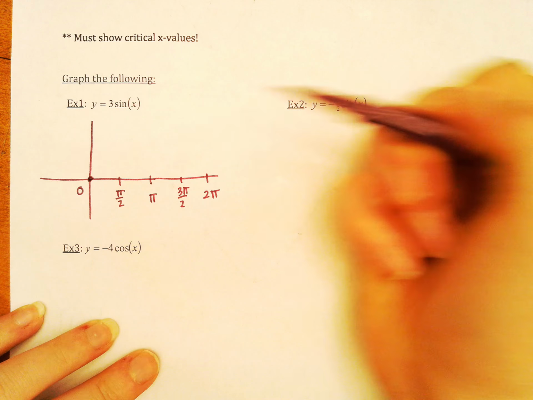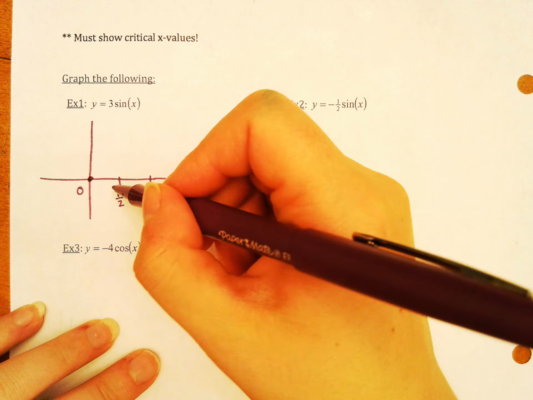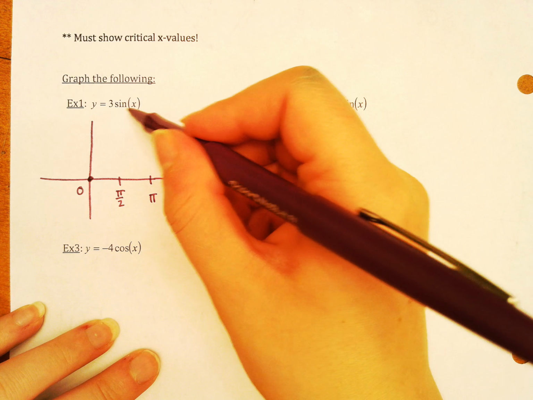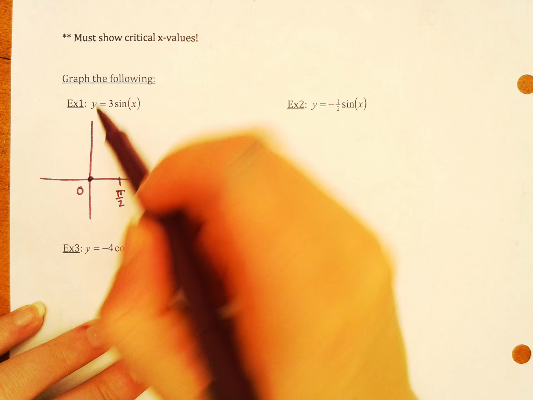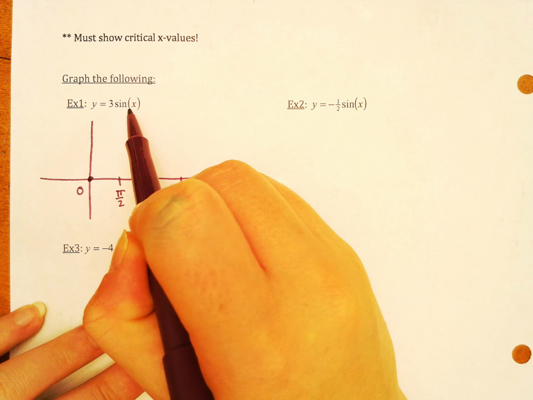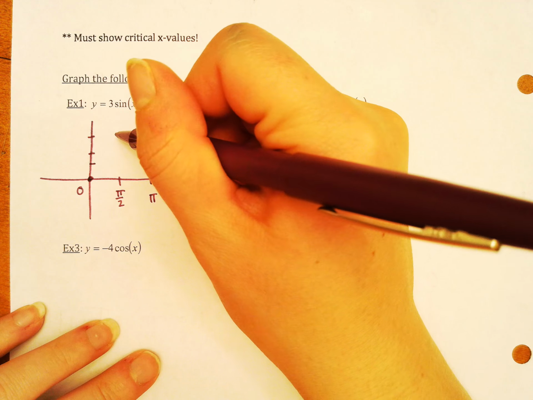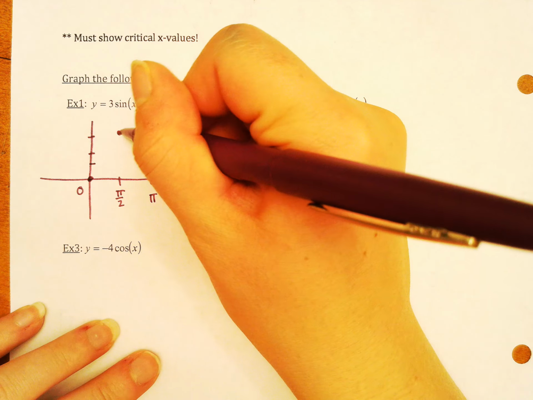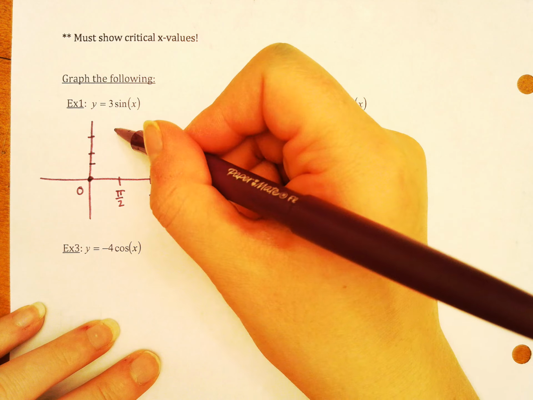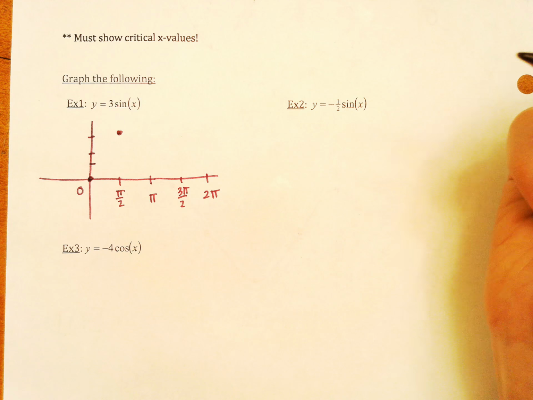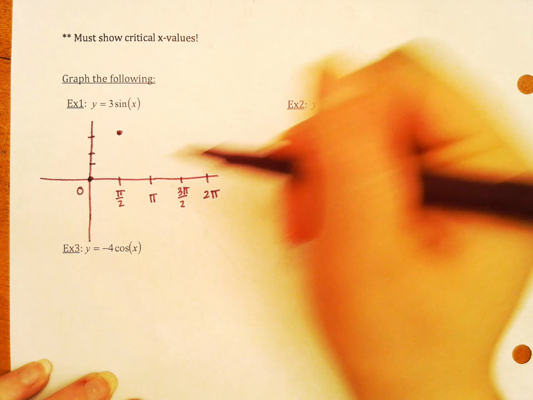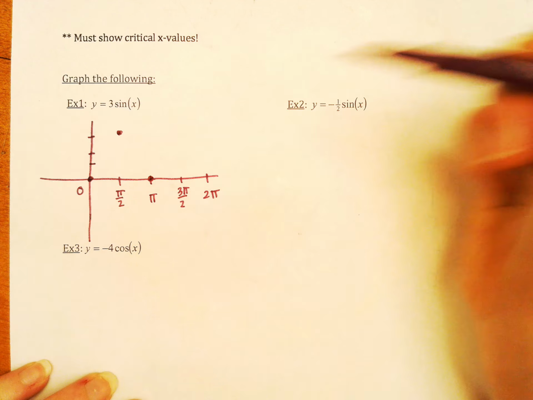So 3 times 0 is going to be 0. At pi over 2, my sine value is 1. So I take that multiplier outside and multiply it by 3, just like we saw on the table, and we'd have a value of 3. So instead of plotting it at 1, we're plotting our y value at 3. At pi, I'm at 0 again.